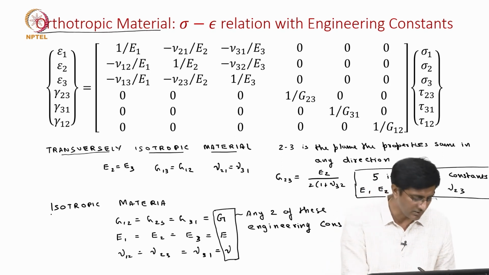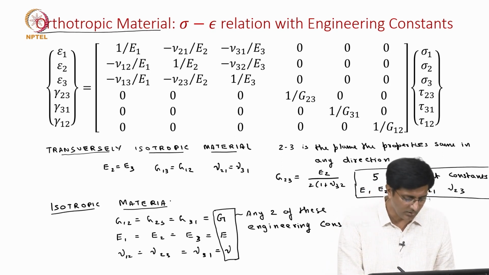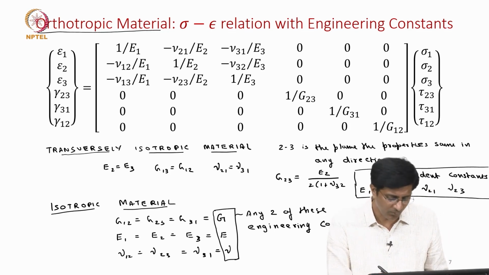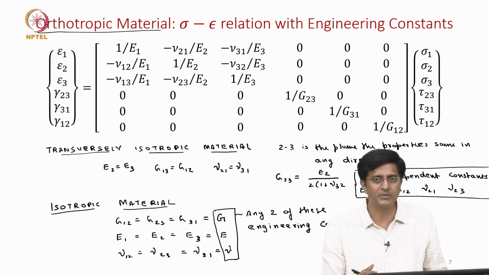And lastly, for the isotropic material, we can get rid of the subscripts because these material properties can be simply written as shear modulus G, elastic modulus E and Poisson ratio nu. But since only 2 of them are independent, we can pick any 2 of these 3 and write the stiffness matrix as well as the compliance matrix.